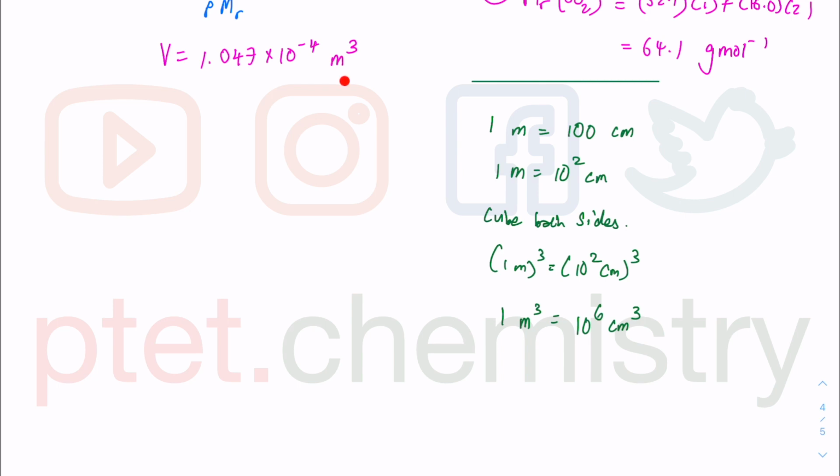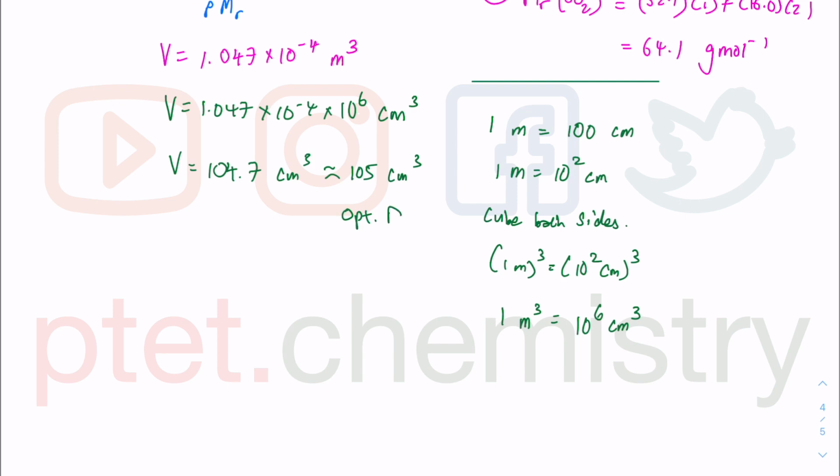Now volume is equal to 1.047 times 10 to the power minus 4 times 10 to the 6 cm cube. So 10 to the 6 and 10 to the minus 4 give me 10 square, which gives 104.7 cm cube, and the closest answer is 105 cm cube. This is option D.